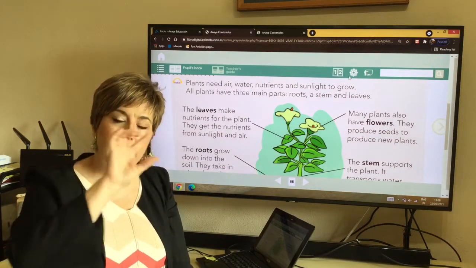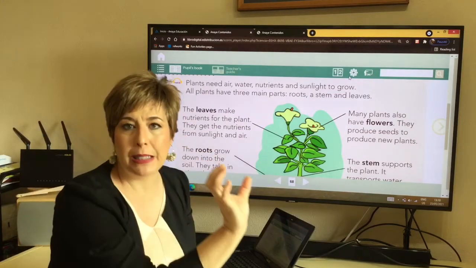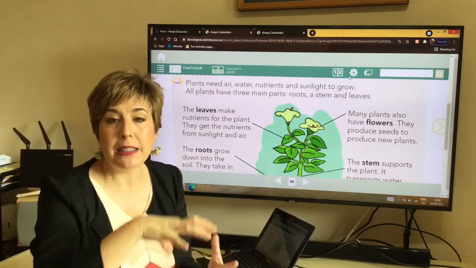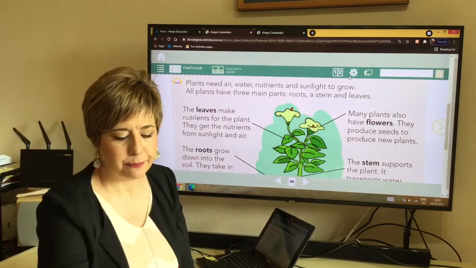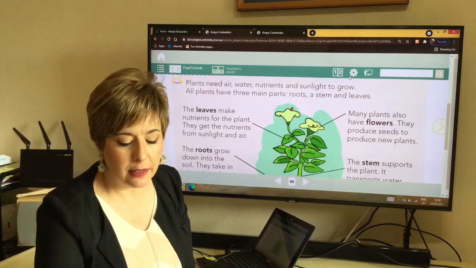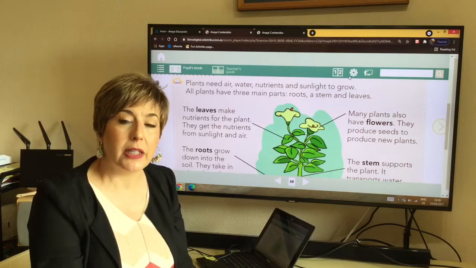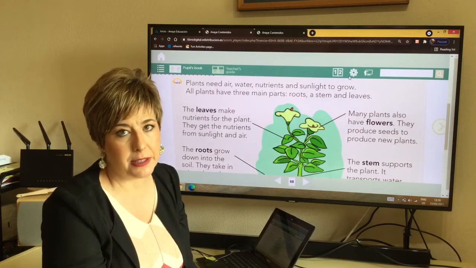We have studied the plant cycle from the beginning to the end. How does a plant grow? From the seed to the plant. We have studied different types of plants according to their stem and according to their leaves.